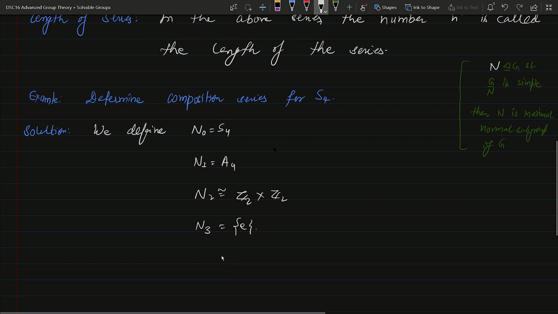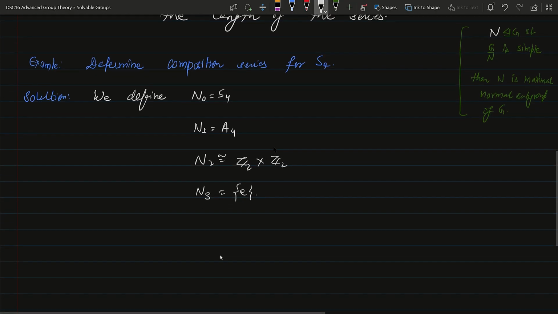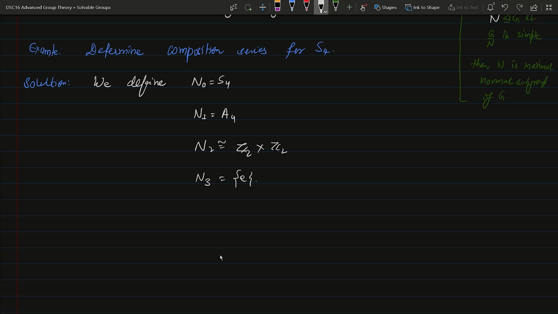Now you can say this is our N naught, N1, N2. This is a group of order 4. Then we have subgroups of order 2; you can choose any order 2 element here.